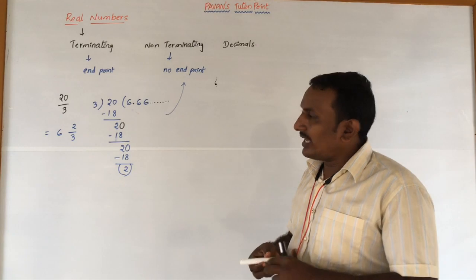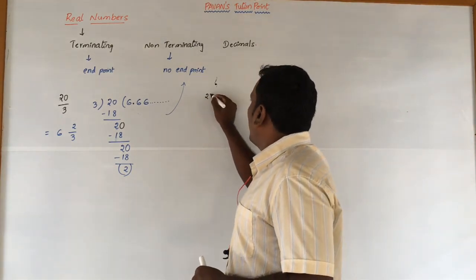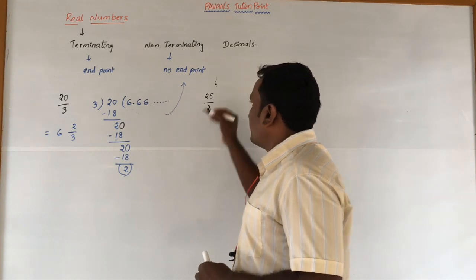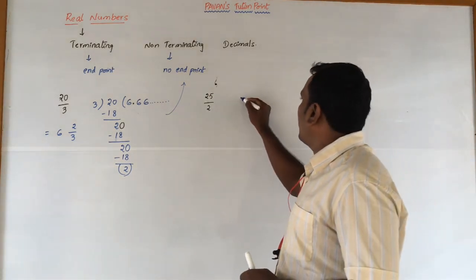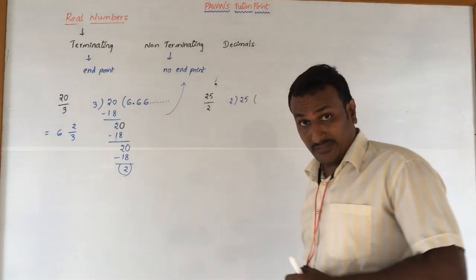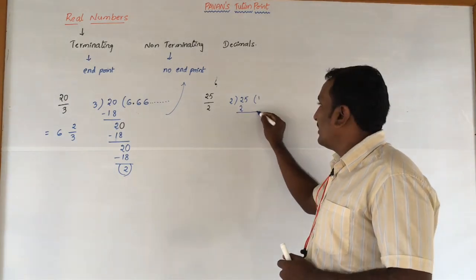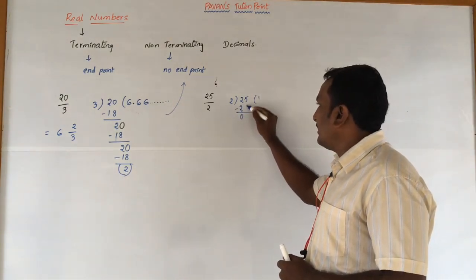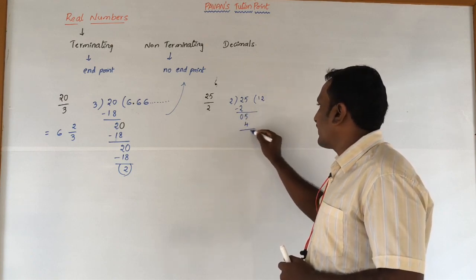I am going to take another example which is terminating: 25 by 2. As usual, 25 is the dividend and we divide it by 2. 2 ones are 2, subtract, we get 0. Take down 5. 2 twos are 4, remainder 1.